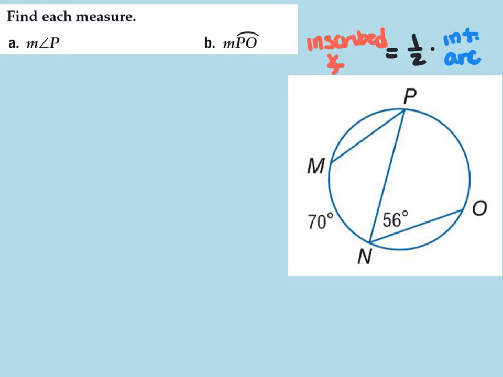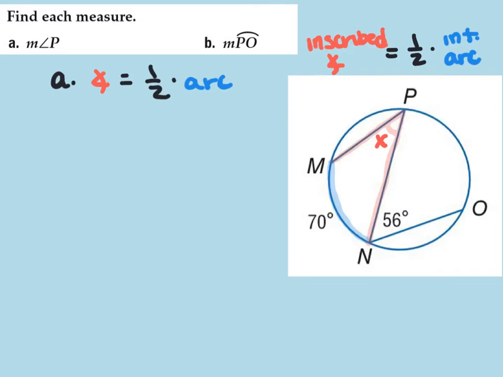So if I'm talking about angle P, I can identify my angle P as shown. The intercepted arc that goes with that angle P is this length of MN. So if I were to write this as an equation for part A, angle P, which we don't know, I'm going to call X, and using the fact that the angle equals 1/2 times the arc, I can substitute.